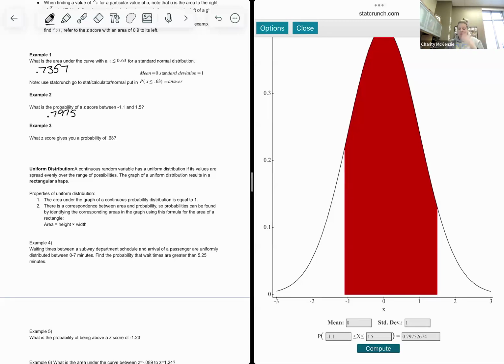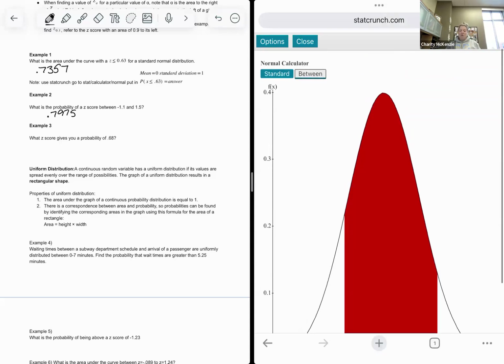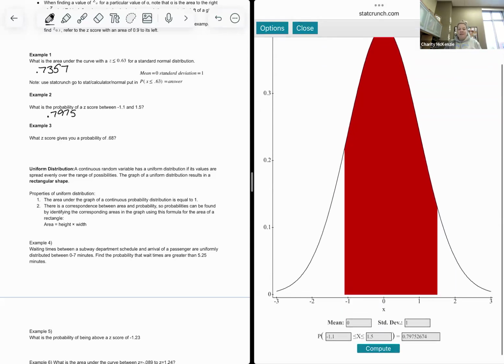So the z's are what you put by the x value. You think of that x as a z, and then your probability is what you get out. The next one says, what z-score gives you a probability of 0.68? I probably should have worded that a little better.